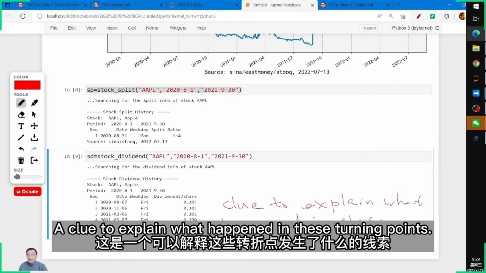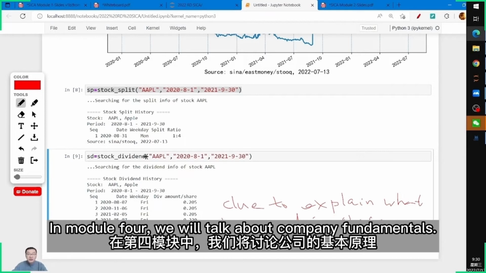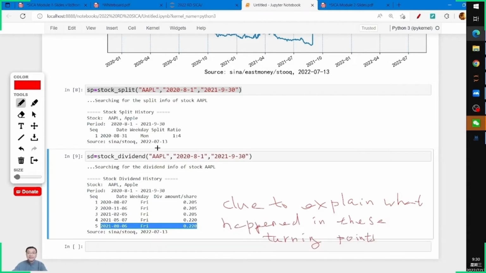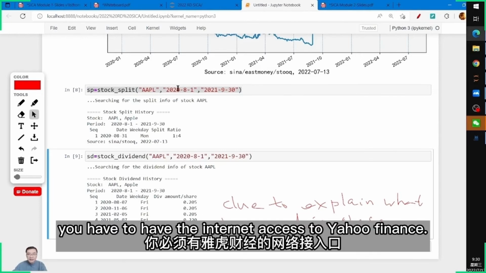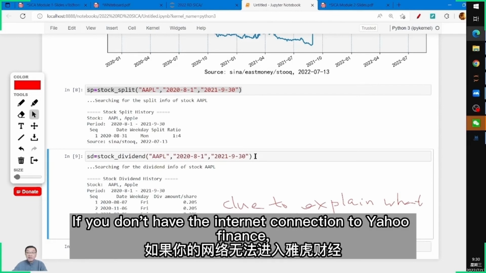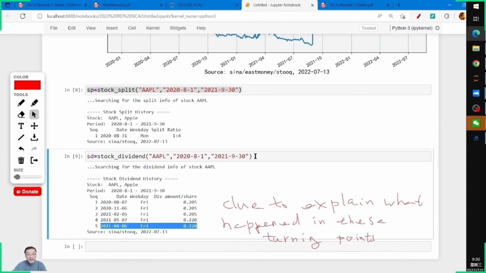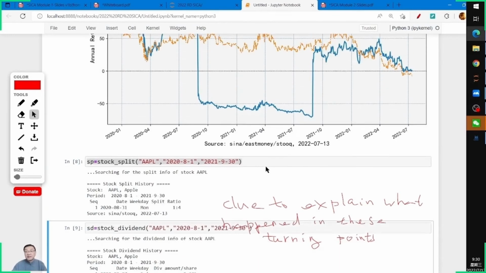at these turning points. I'll explain these 2 commands later in Module 4. In Module 4, we will talk about company fundamentals. And in order to have results for these 2 commands, you have to have internet access to Yahoo Finance, because these two commands retrieve information from Yahoo Finance. If you don't have an internet connection to Yahoo Finance, you will get no information and just an error message.